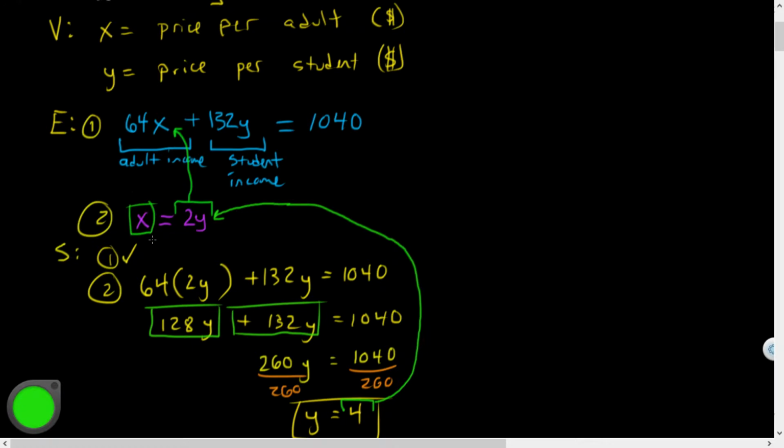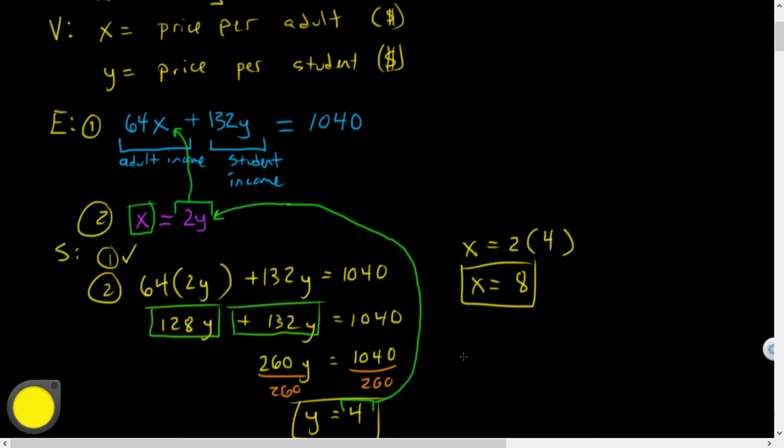It's easier because it's already solved for X, and I happen to know I'm looking for X. So I'm going to do that work over here. So X equals 2 times, and instead of Y, what do we get? 4. And so X is equal to 8. I like it. Boom.